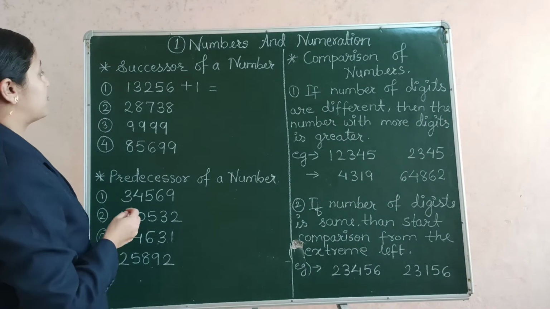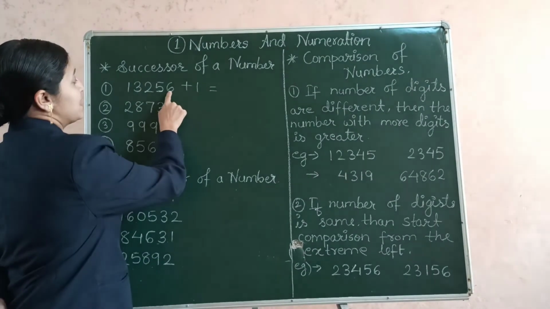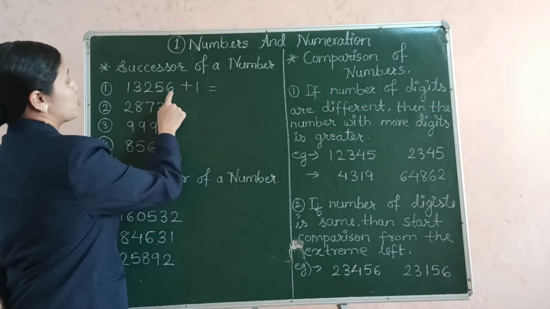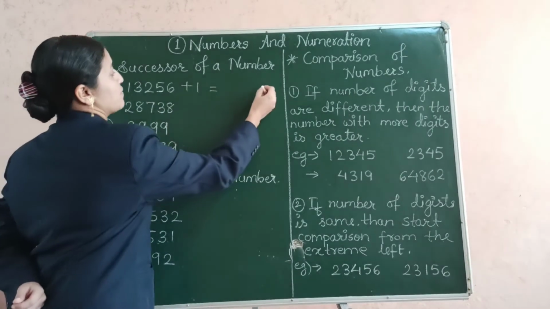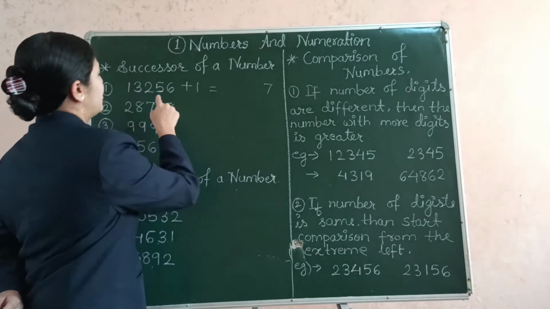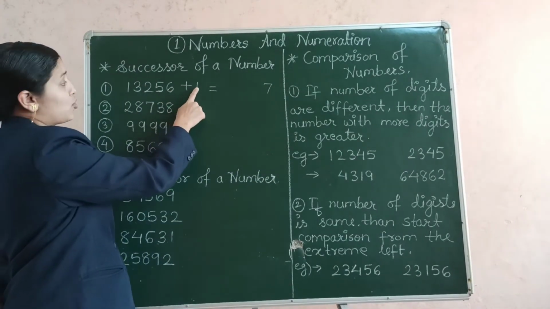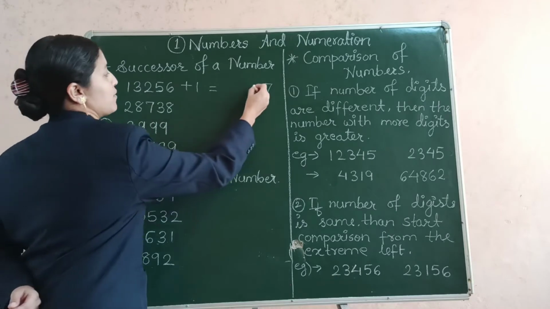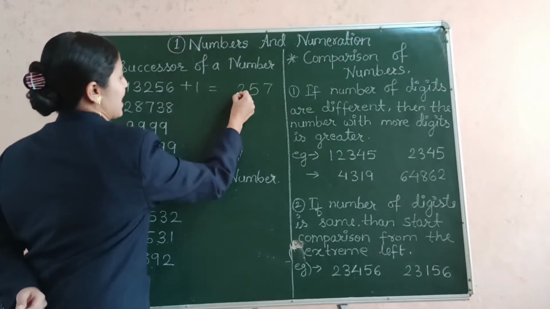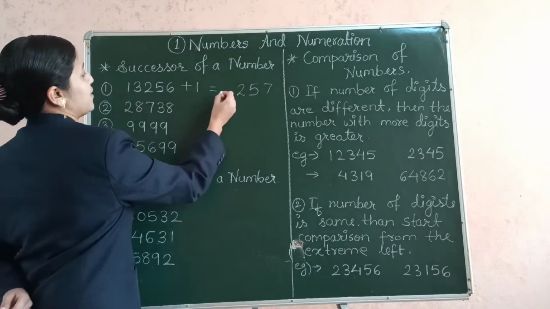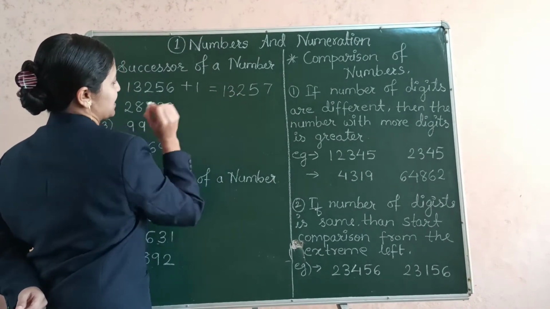We have to add 6 and 1, since both of them are in the ones place. So 6 plus 1 will become 7. For the 5, nothing is there on the other side to add with it, so 5 will be written as it is. 2 we will write as it is. Similarly 3 and 1 we will write as they are.